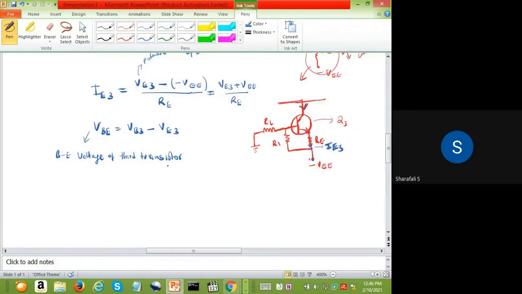Now, applying Kirchhoff's current law, you have to consider this one.